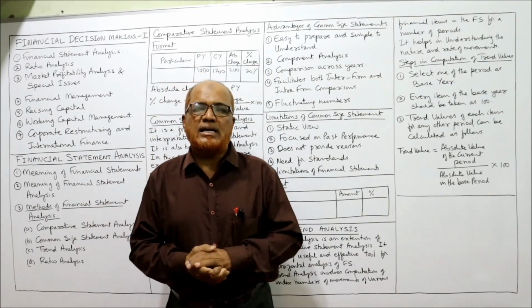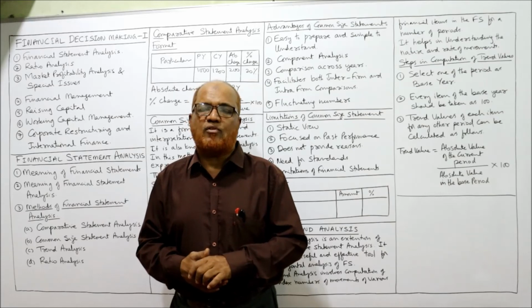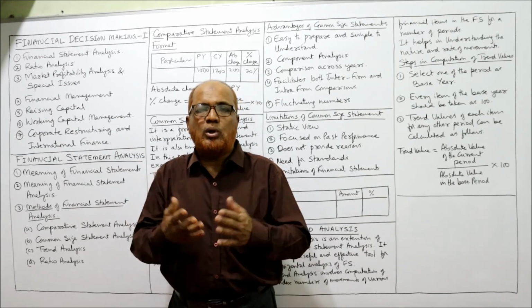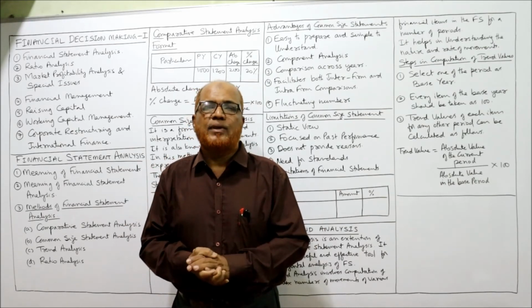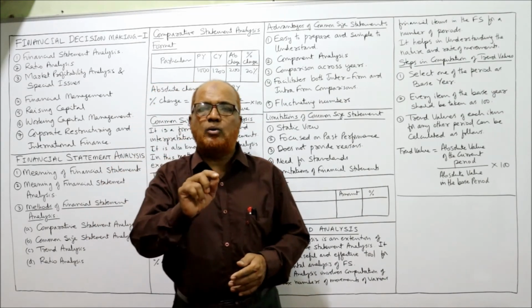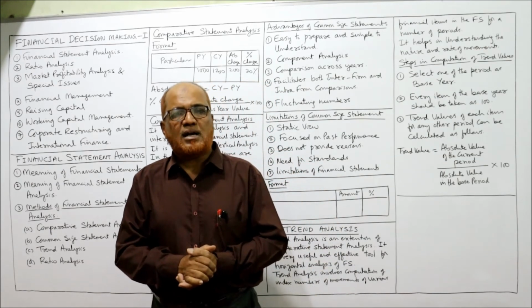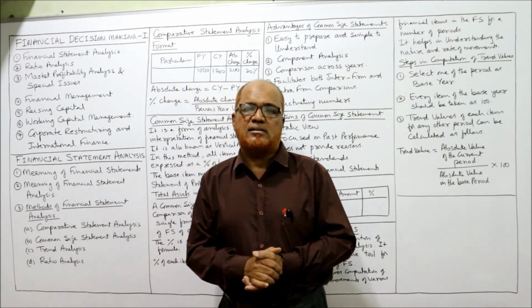What is common size statement analysis? What are the advantages and limitations of common size? Whatever I have explained now, if you watch with full concentration, you can attempt the theory questions also on common size, comparative, and trend analysis.